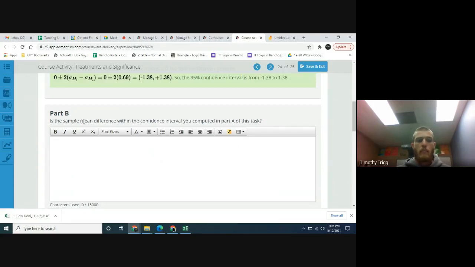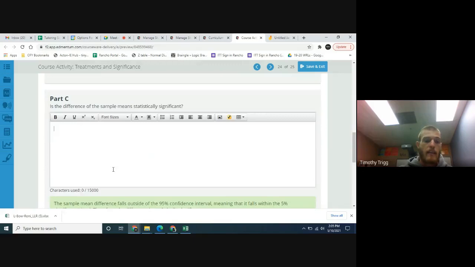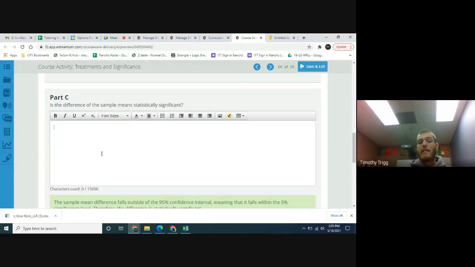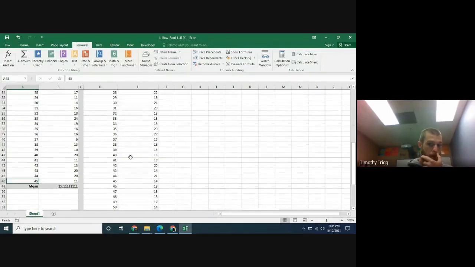So, is the sample mean difference within the confidence interval? We would say, no, it is not. 1.74 is not within that confidence interval. So we would say that the difference of the sample means is statistically significant. A statistically significant amount of people prefer the blue box, right?